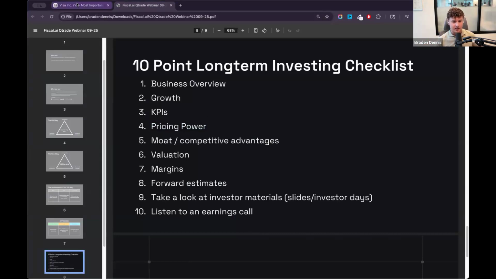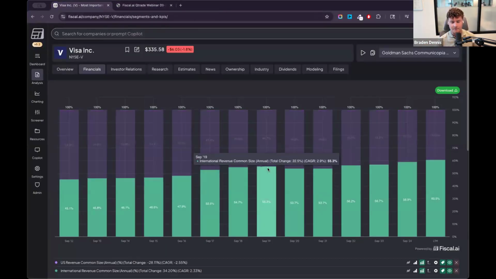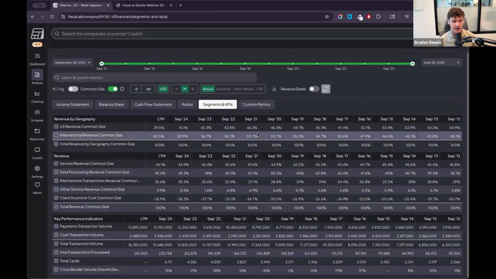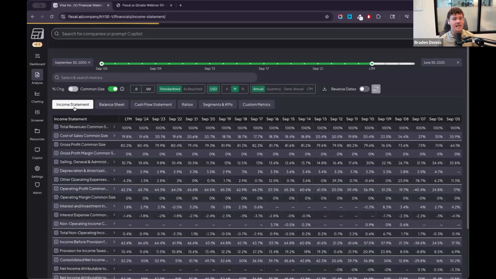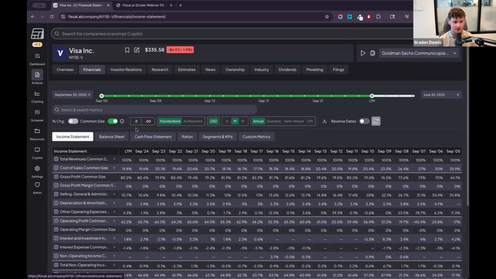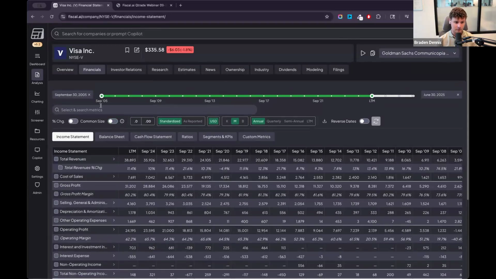This is something I'd want to research over time: how the business can continue to raise its prices and have a growing, maintaining profitability through everything. Okay. So what I'll do is go into the company's financials, and what I would want to see is gross margins.